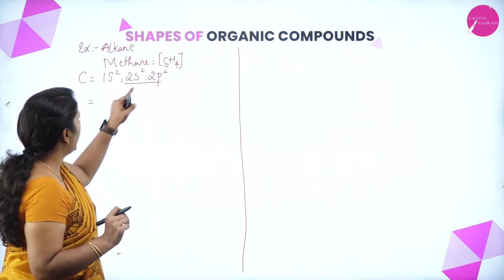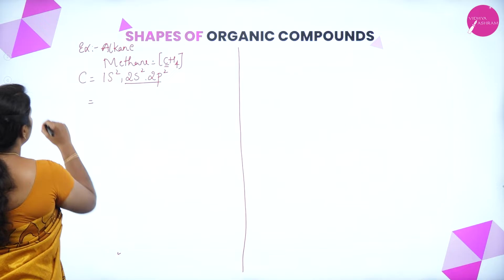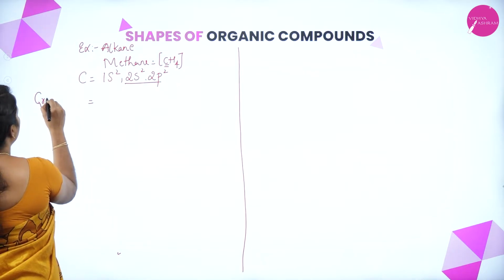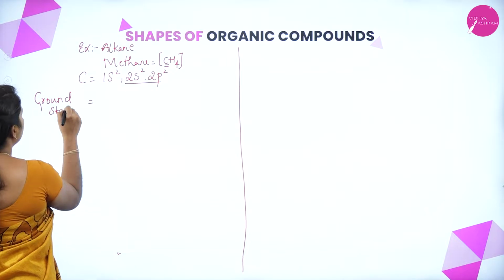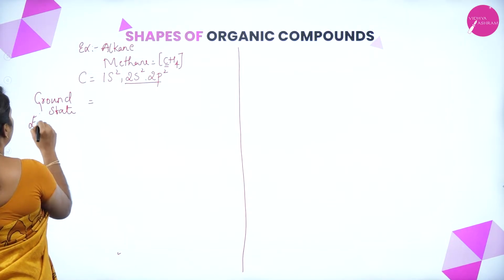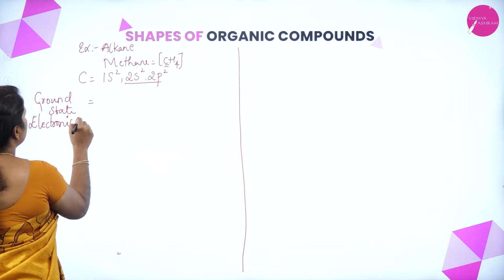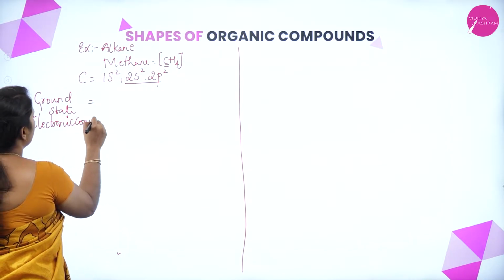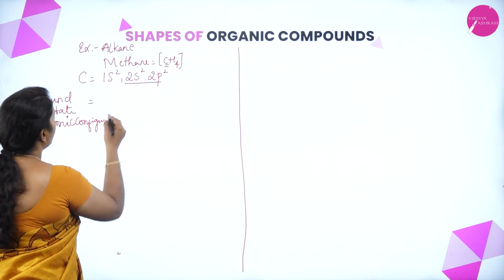Now, I am going to write the 2s and 2p and how many electrons will be there. So that is the ground state electronic configuration.